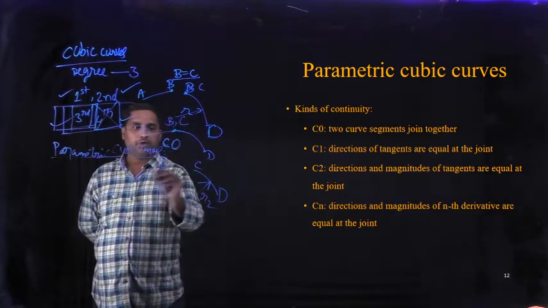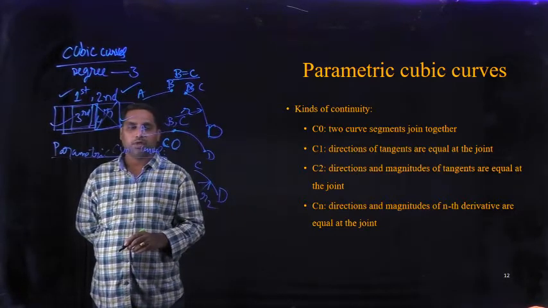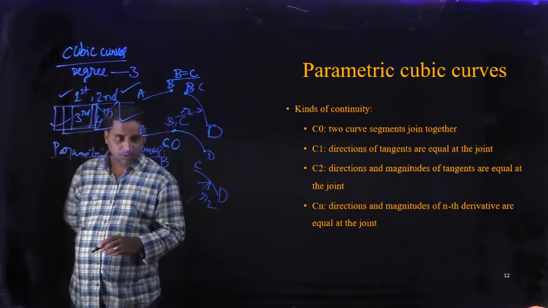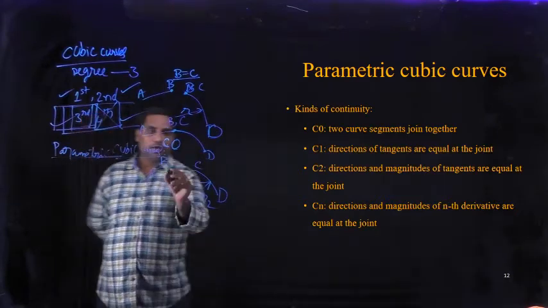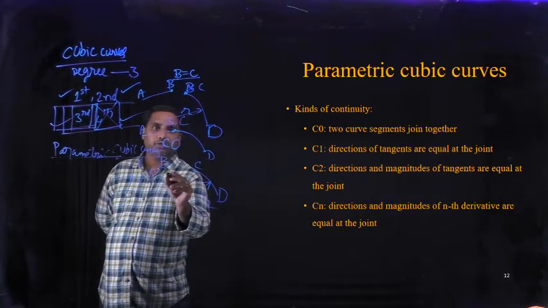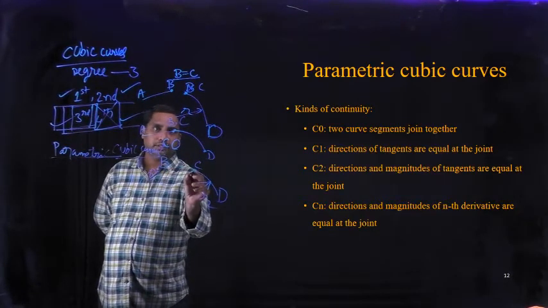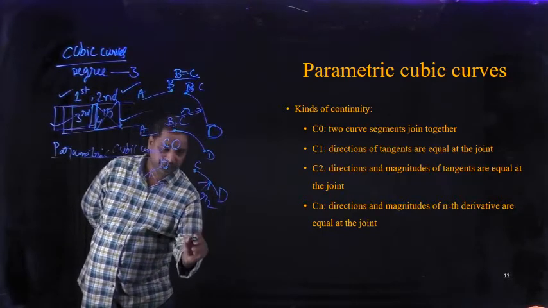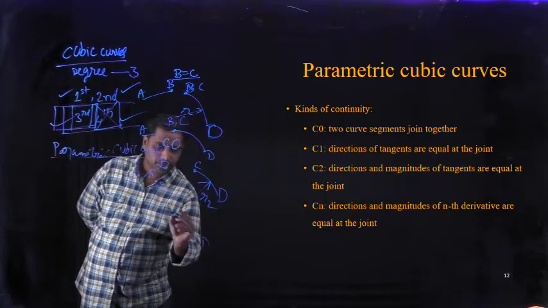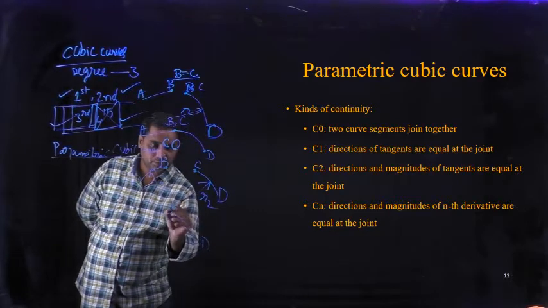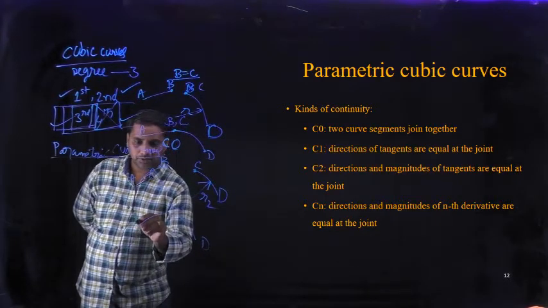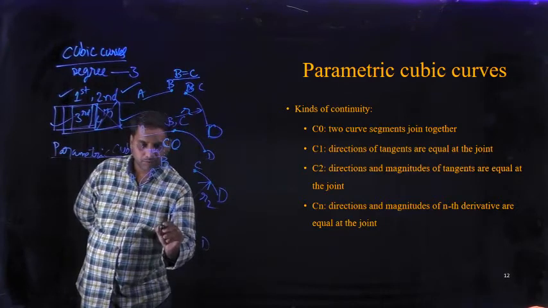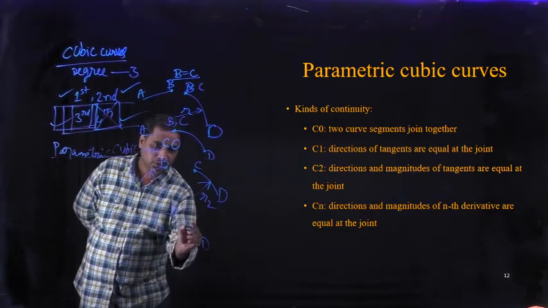Now I want to join these two curves. When you join this point B with C, that is AB, BC, CD. This point is B comma C. This point is A. This one is R1 and this one is R2.